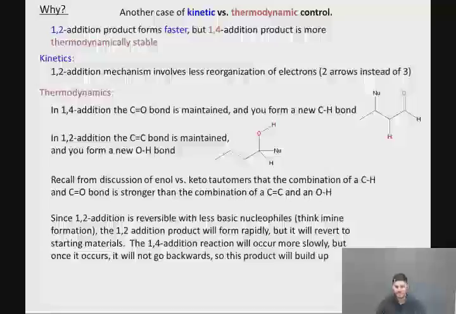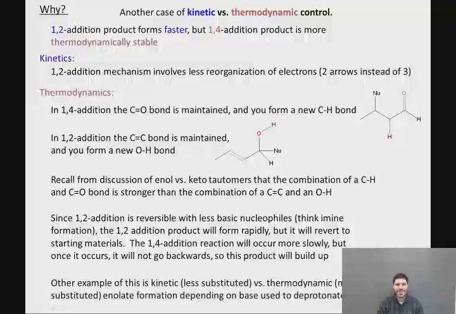You've seen this phenomenon before, and the place that you saw it is in the context of forming a kinetic versus a thermodynamic enolate through deprotonation of a ketone. Remember that the kinetic enolate forms when you remove one of the less substituted, more sterically accessible hydrogens from a ketone.